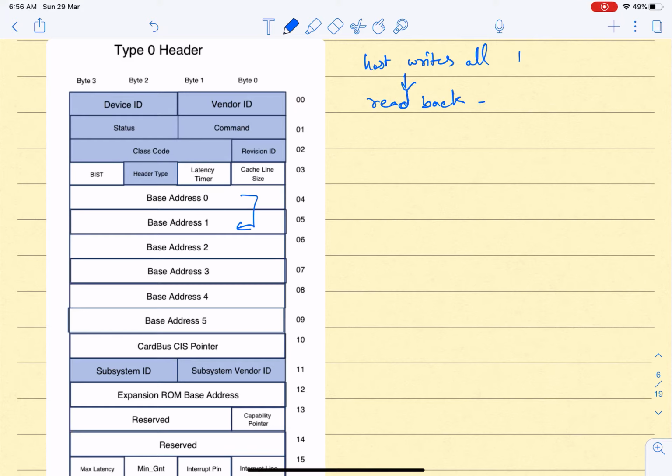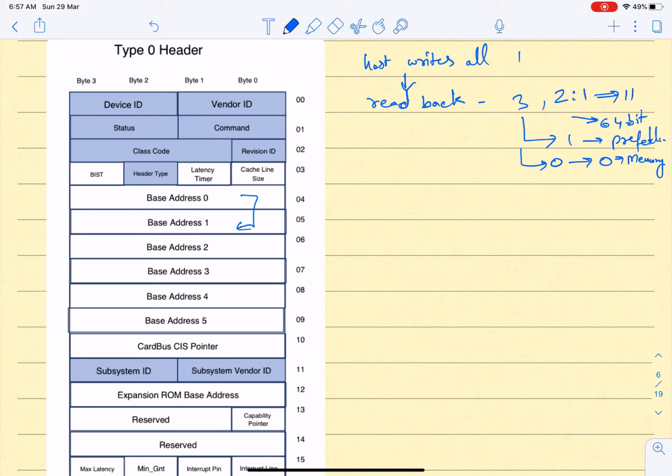It will find that bits 2 down to 1 are 11. What does that mean? 64-bit. Bit 3 is 1, and this is the 64-bit address space, and 1 means it is prefetchable, and bit 0 is 0, telling memory.